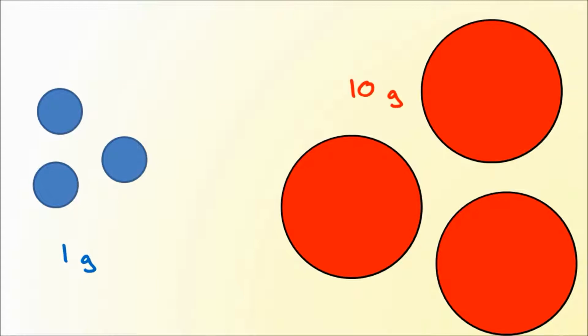But in terms of triplets, there's one triplet of blue ones and one triplet of red circles. So they're equal in terms of triplets, but not in terms of grams or anything else. Hopefully that will clear up the idea of moles, because having one mole of something is the same number as having another mole of something else.